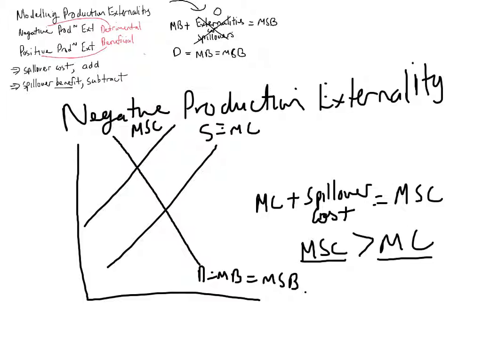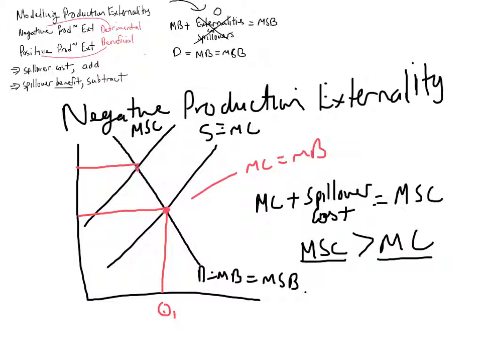Now, from the free market's point of view, it wants to supply this quantity Q1, because that's where marginal cost equals marginal benefit. But that perspective is too narrow. We want a societal perspective. We want the societal optimum. And where's that?